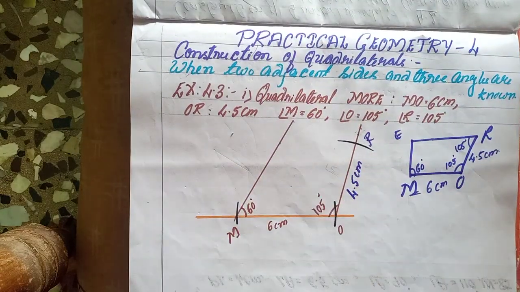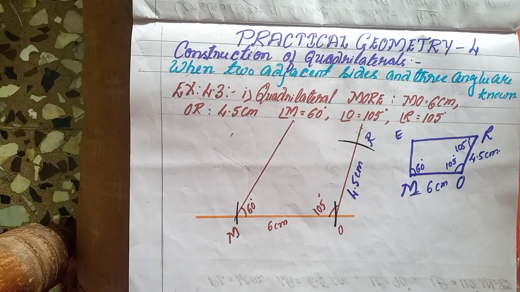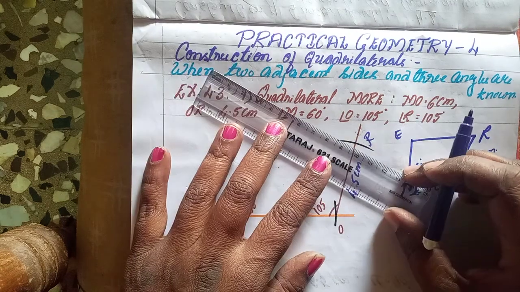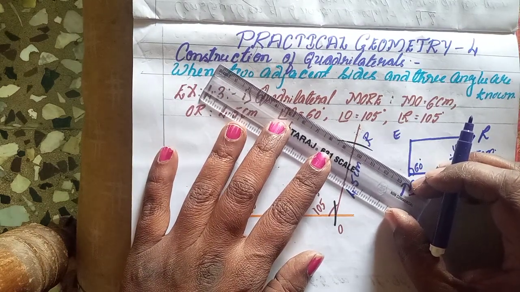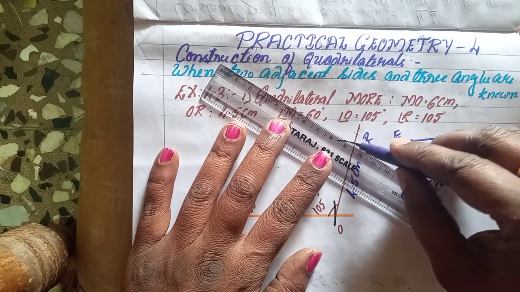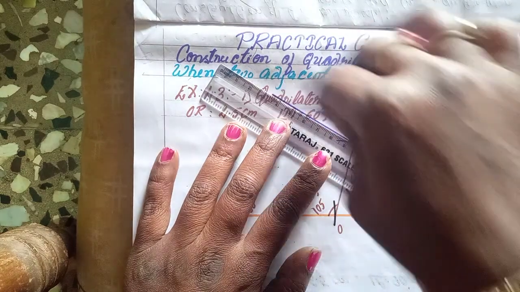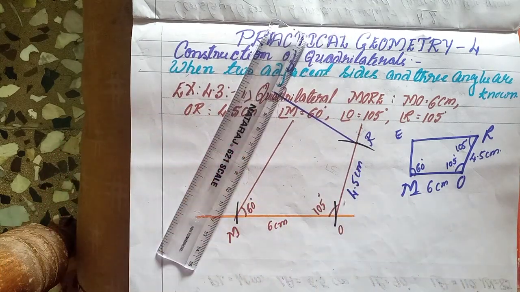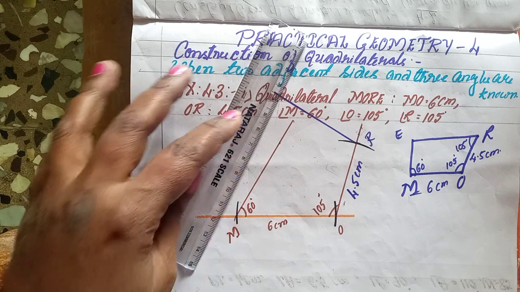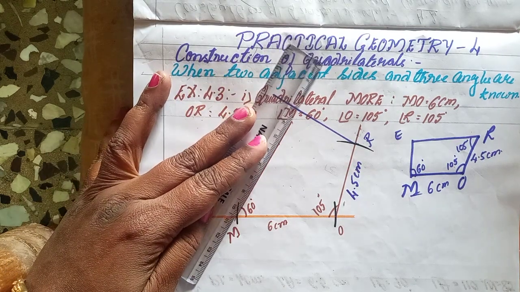Join 105 degree like this. And this angle is here and this angle is here.